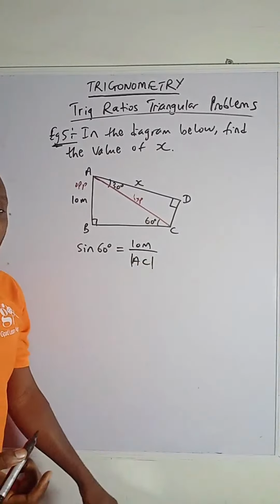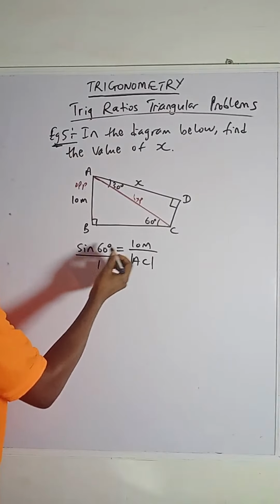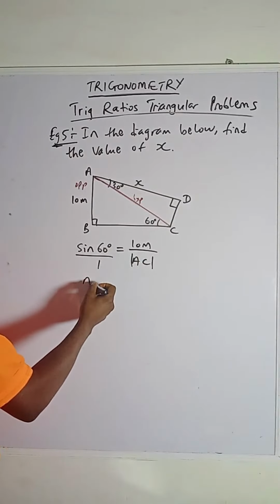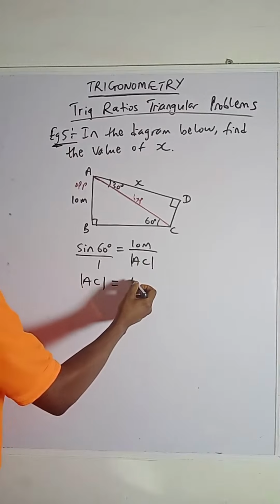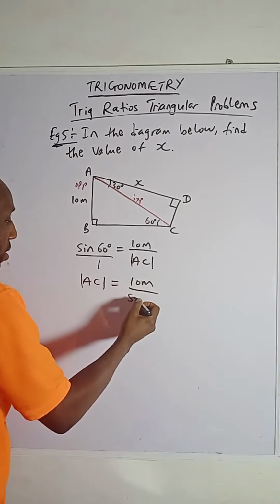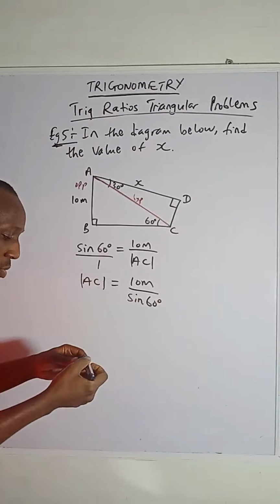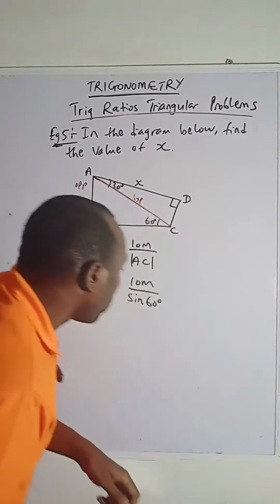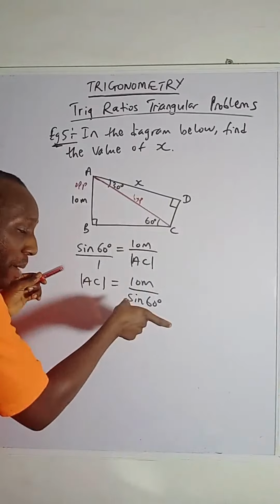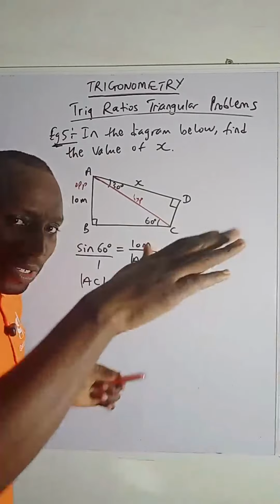Before that, I can just cross multiply. If you cross multiply, you have that AC is equal to 10 meters over sine 60 degrees. See what I did, and this is what you should also do, to avoid having AC times sine 60 equal to 10 before you start dividing both sides.